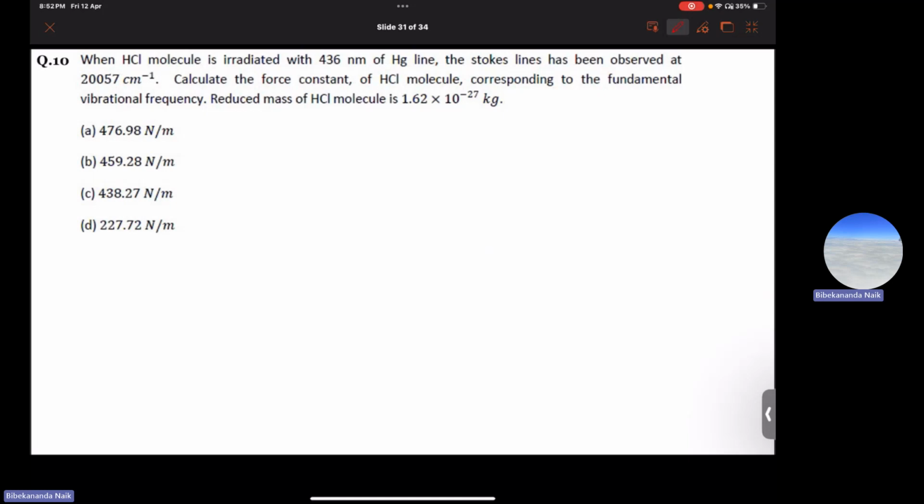So now, like the previous question, first we will calculate the wave number corresponding to the incident radiation. So the wave number corresponding to incident radiation is 1 by lambda I, which is 1 by 436 into 10 to the power minus 9 meter inverse, which is 2293578 meter inverse.